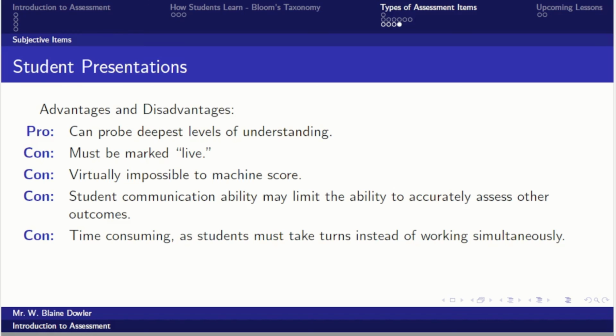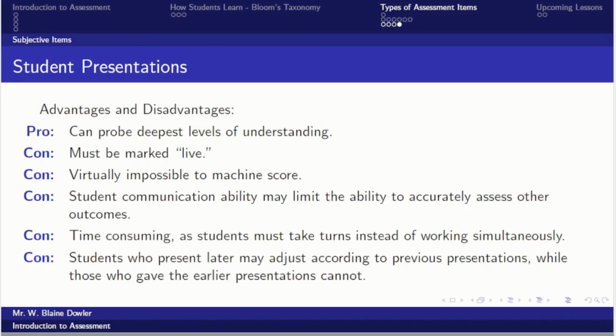Even if they're on the same team, you generally only have one student speaking at a time. And finally, if you don't have slideshows or something handed in advance or prepared in advance, you may have students who see one presentation make edits on their own to reflect that, which gives them a bit of an advantage over the earlier presentations.